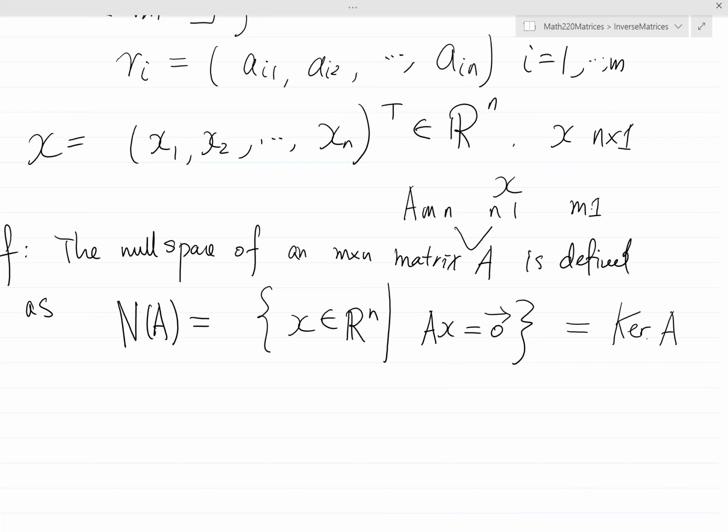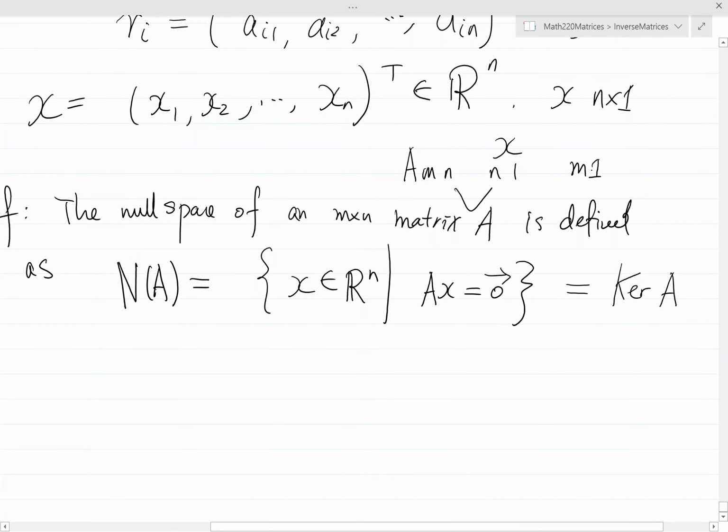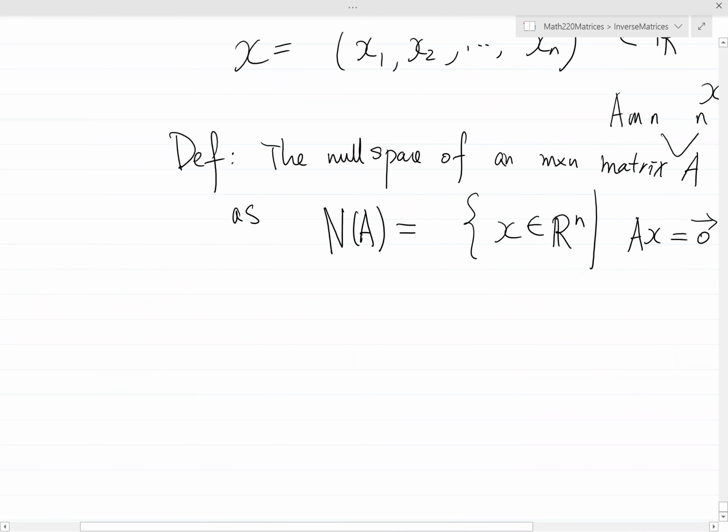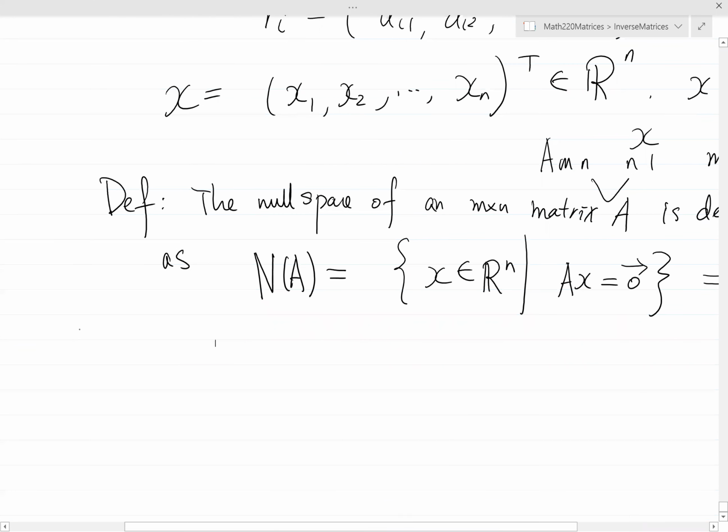Now, it can be checked that the null space of A is a vector space.